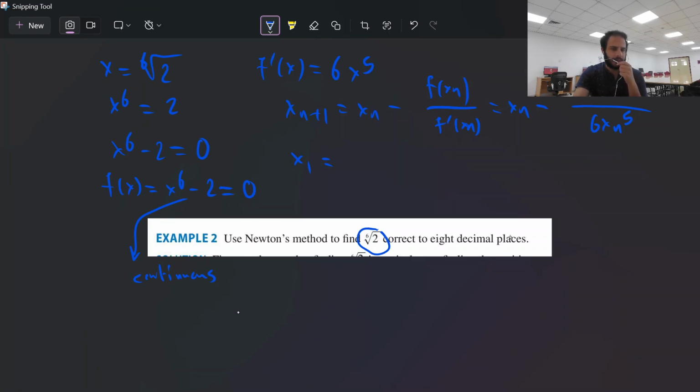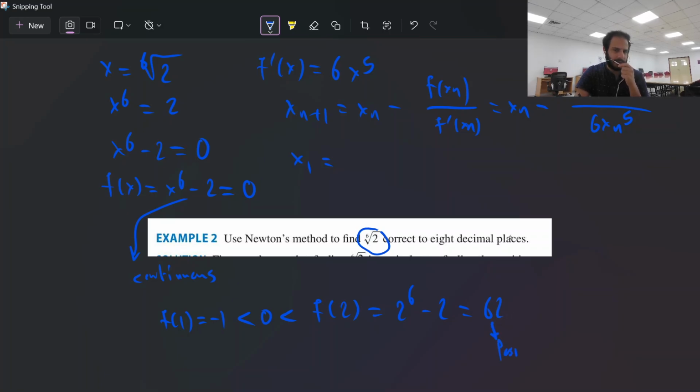See here, 0 is greater than f(1), and f(1) equals minus 1, right? And 0 is less than f(2), which equals 2^6 minus 2, which is 62. Clearly positive, right?